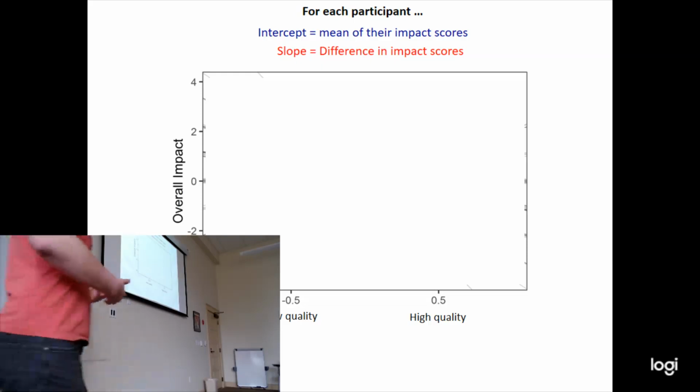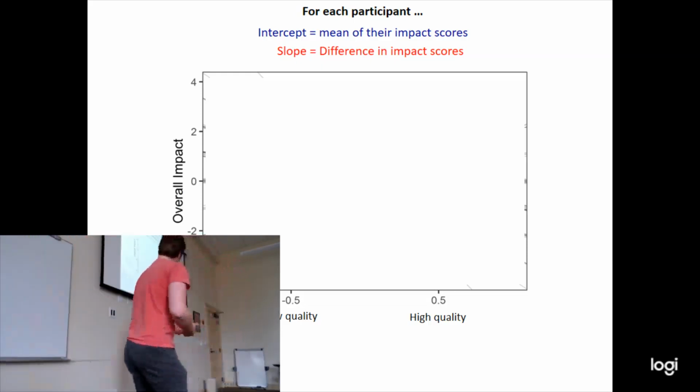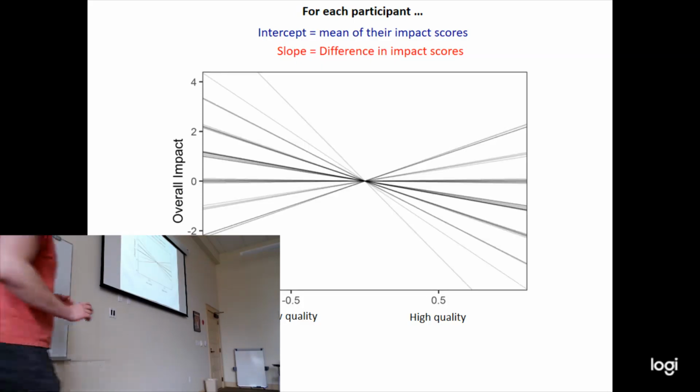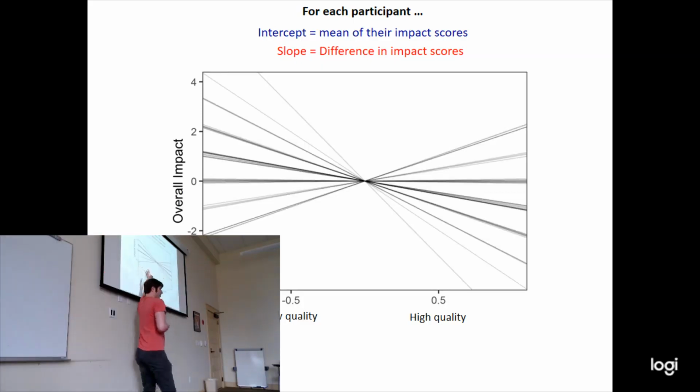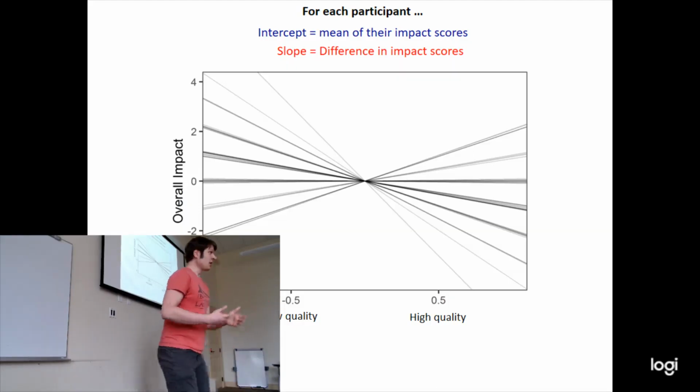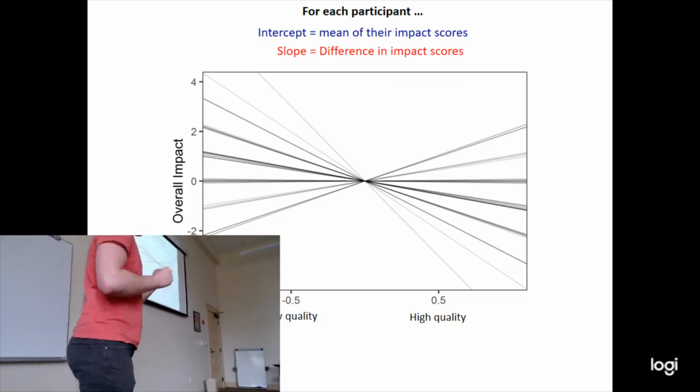I can think about doing the same thing with the slopes. So each of these is a particular reviewer slope. It's a difference between the score that reviewer gave the low quality grants versus the high quality grants. There's some variability in that difference.